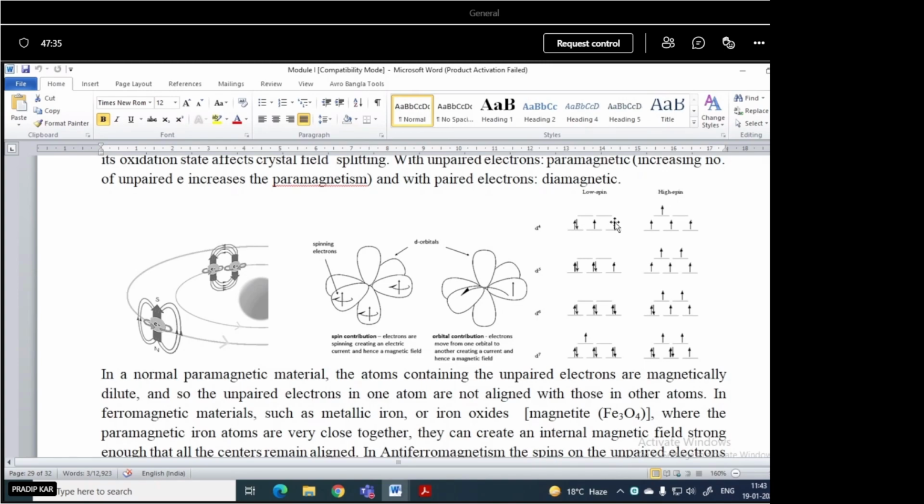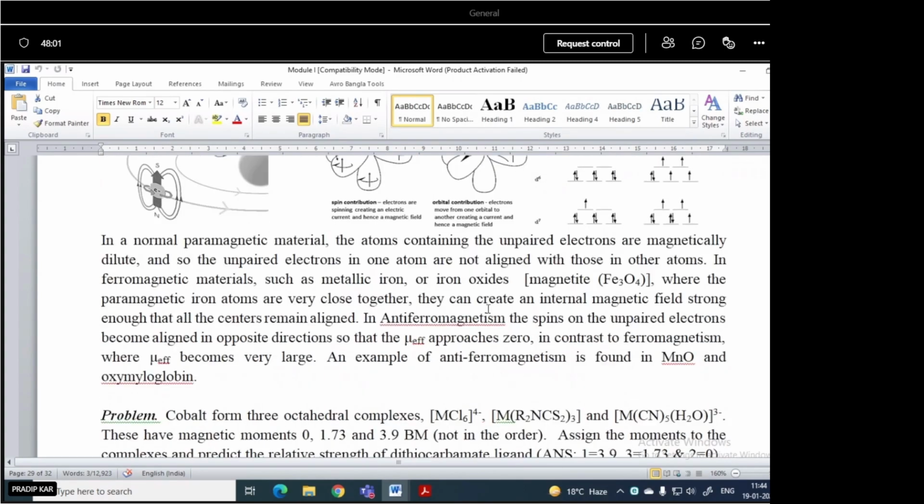The splitting pattern is shown to calculate the number of free electrons. If it is low spin, fewer are present, so the magnetic moment becomes less. But still both are paramagnetic. For d6 it is diamagnetic because all are paired up, having zero value. Is it clear?